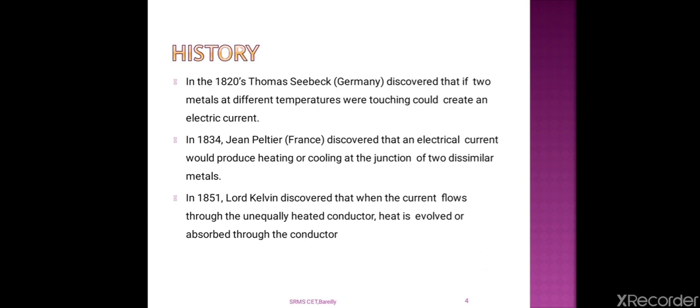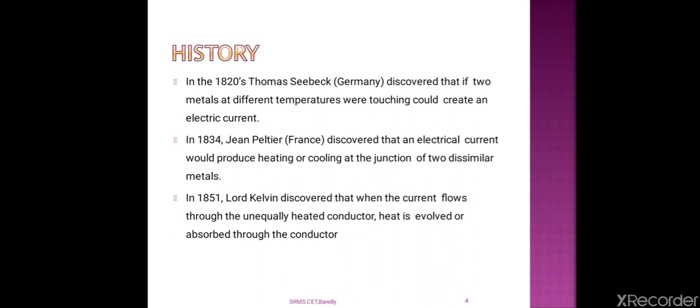In 1820, he accidentally found that if we took a metal bar and there is a temperature gradient across that metal bar, then there is actually a voltage that exists between the two ends of the bar. This is what Seebeck found at the beginning as an accident, and he worked on this finding a lot.